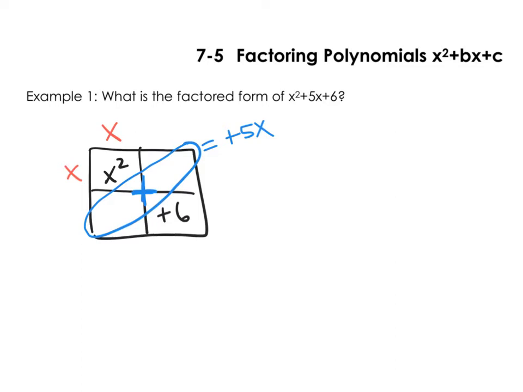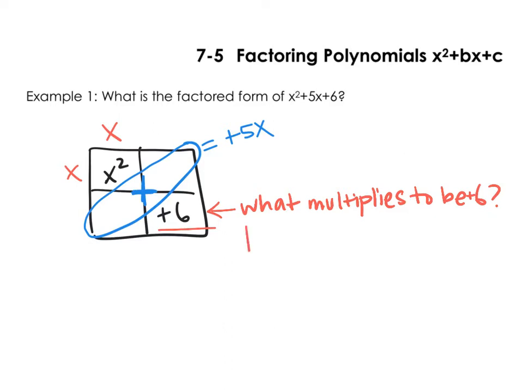Whenever you're doing this, you want to figure out things that multiply to be 6. What multiplies to be 6? Well, it's going to be a positive 6. So in order to get a positive 6, we could multiply a positive times a positive or a negative times a negative.